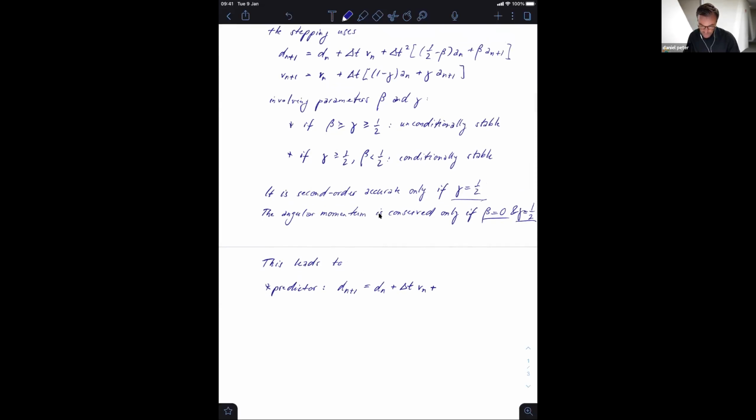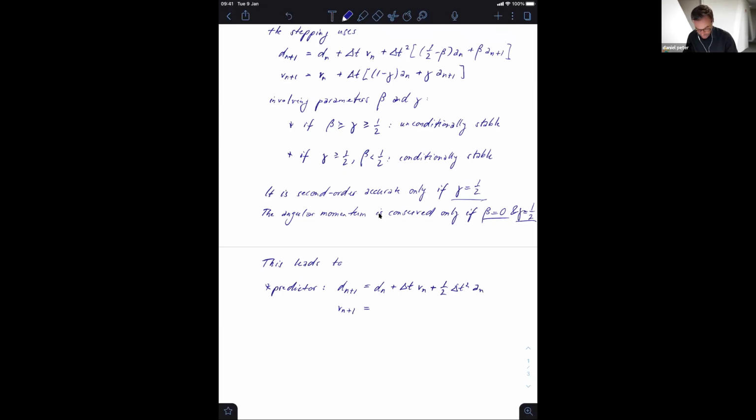So if beta is 0, then we have here this factor 1/2 delta t square times the acceleration at time step n.